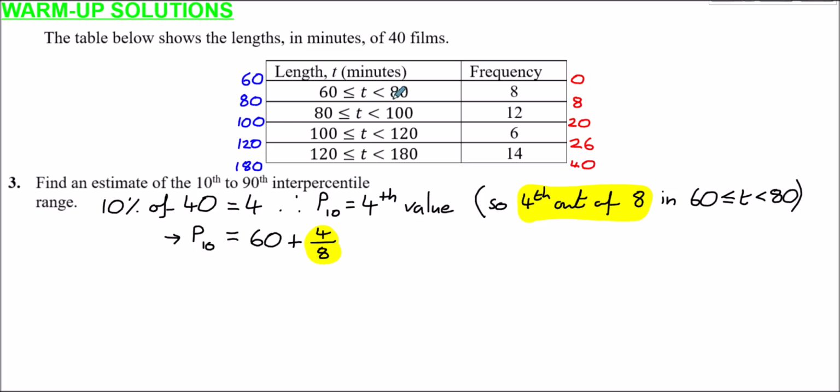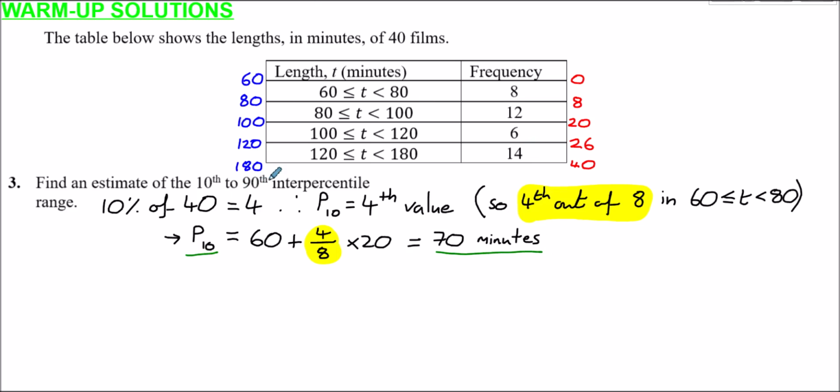So plus 4/8 of this width. So from 60 to 80 is a class width of 20. So 60 plus half of 20 essentially, that's going to be 70 minutes. So P10 we've estimated to be 70 minutes.